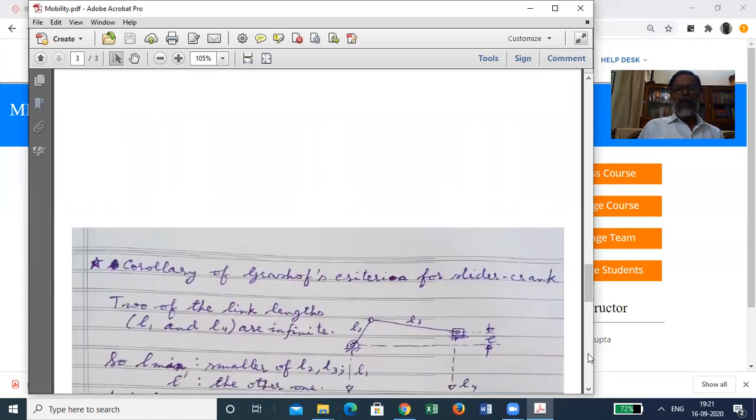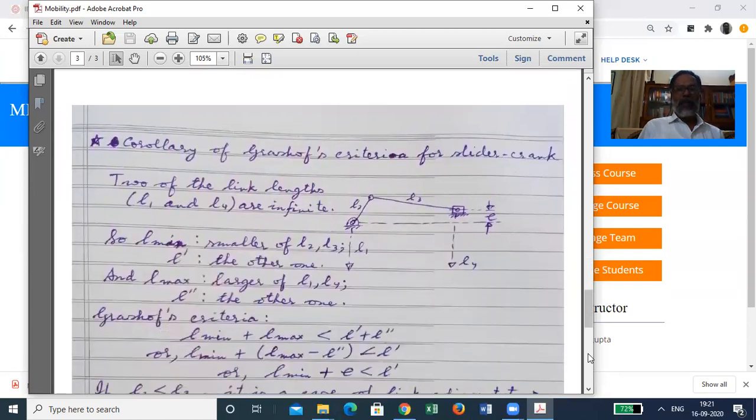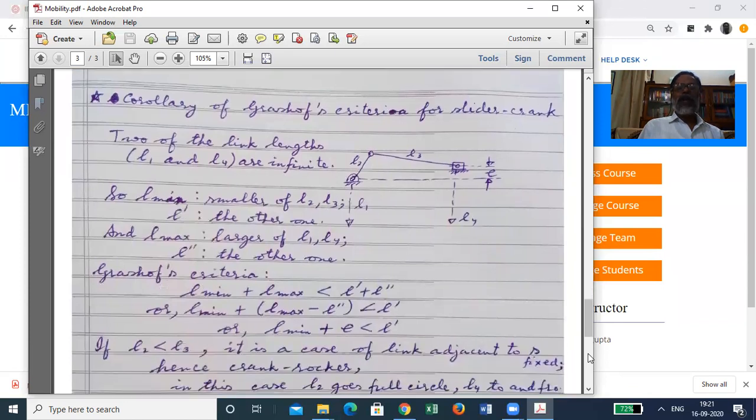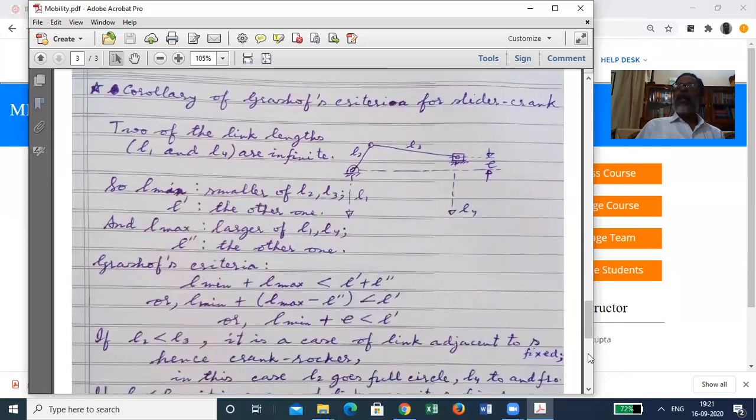That you get as a corollary of this criterion by considering that a prismatic pair is after all a revolute pair with the links of infinite length.